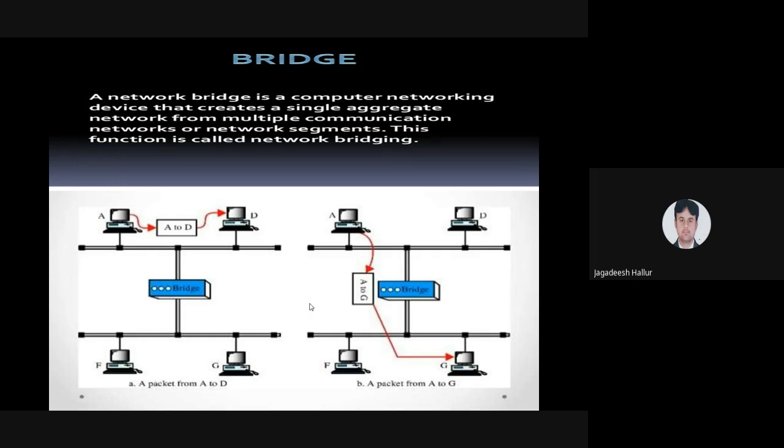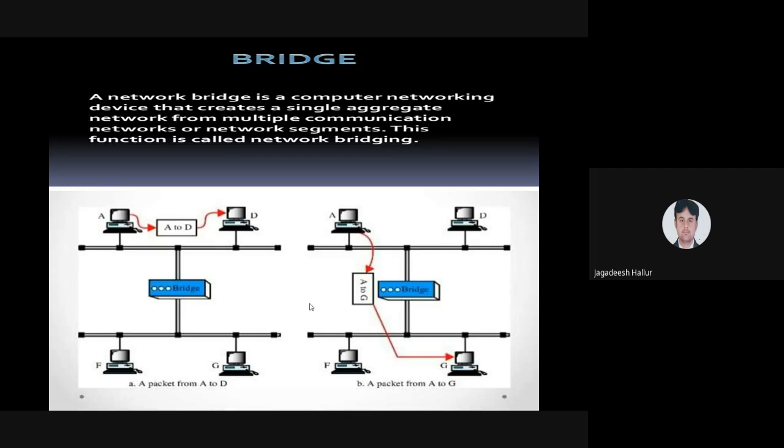If you want to send a message from PC A on the left side to E on the right side, initially the message is broadcast to all 8 computers. At that time, it has to be recorded in the table that port number 1 has A and port number 2 has E. So at the initial stage, it is broadcast.